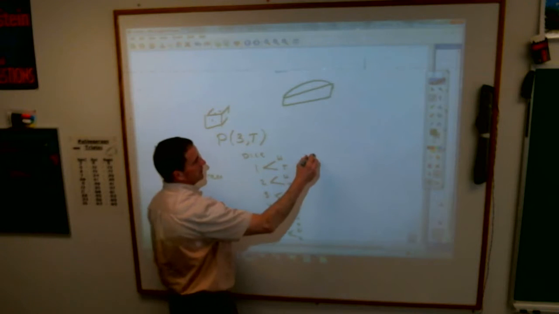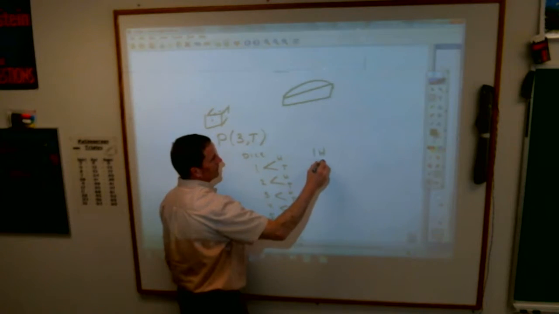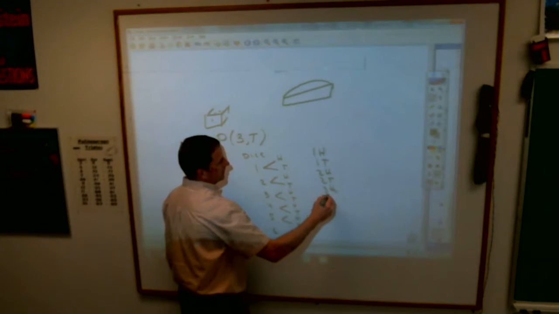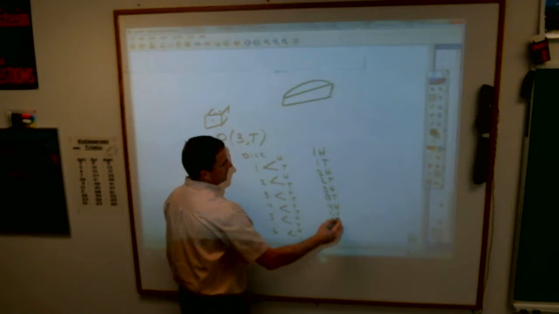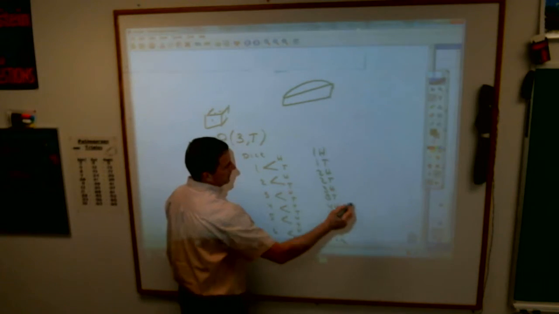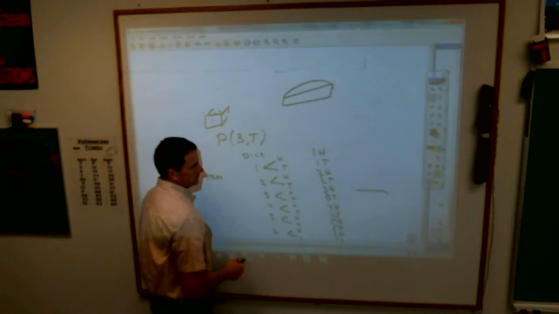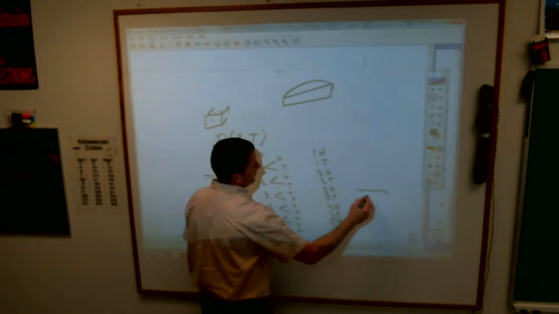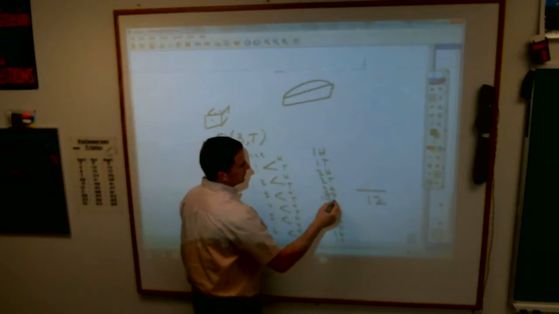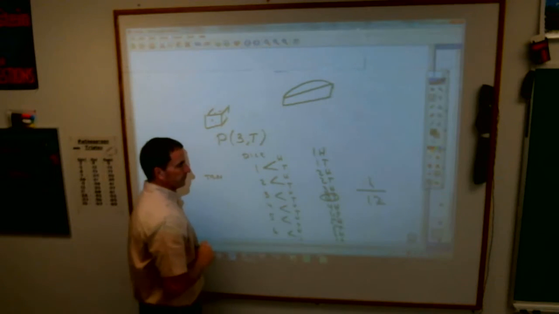Which means you could get a 1 and a head, a 1 and a tail, a 2 and a head, a 2 and a tail, a 3 and a head, a 3 and a tail, a 4 and a head, a 4 and a tail, 5 head, 5 tail, 6 head, 6 tail. How many combinations are there? 12. How many of those combinations are a 3 and a tail? Just one, so it would be 1/12.